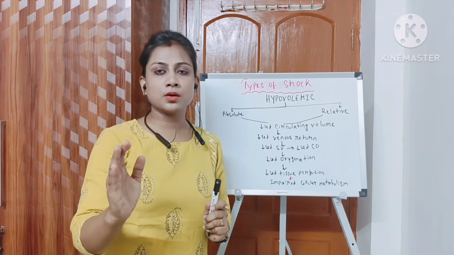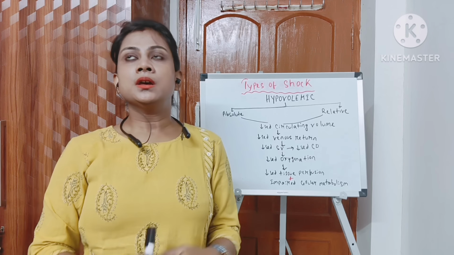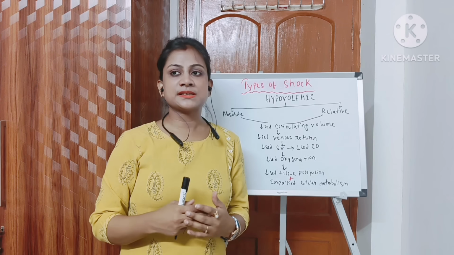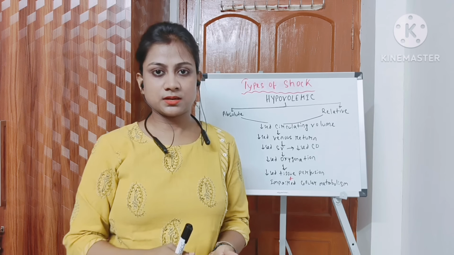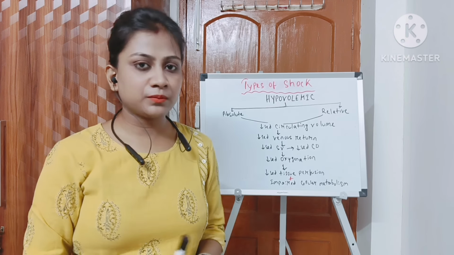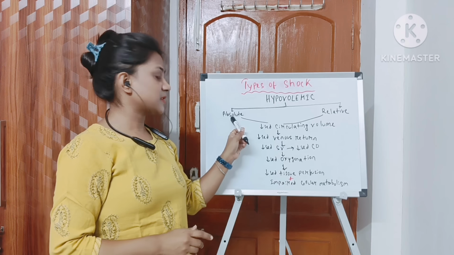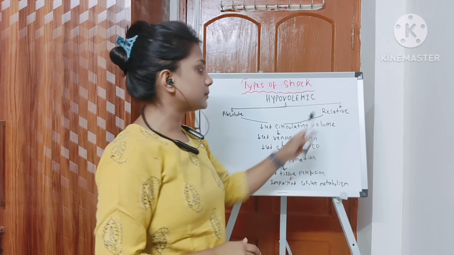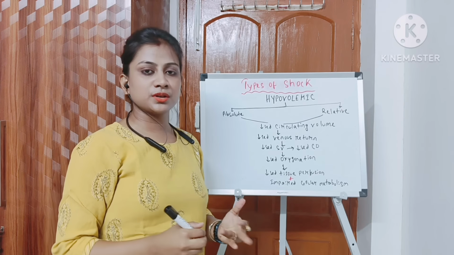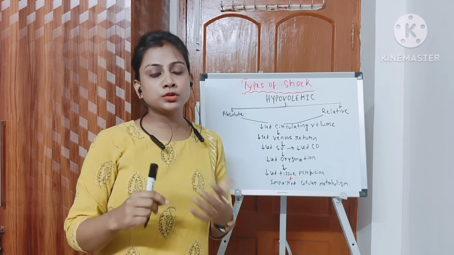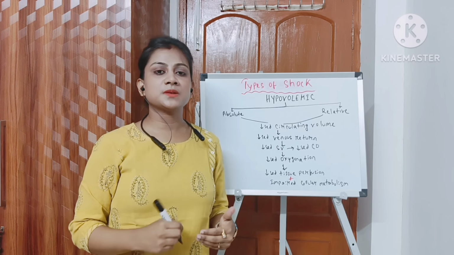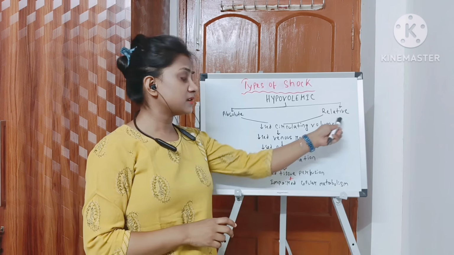Absolute means direct causes, due to which there will be blood loss or fluid loss, like a patient had a severe head injury, an accident, or hemorrhage. Relative means if there is a burn injury, due to that interstitial fluid shift, or intestinal obstruction. For those causes, whenever the patient develops hypovolemia, we call it a relative cause.